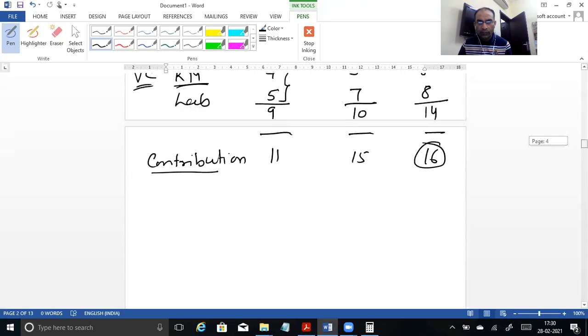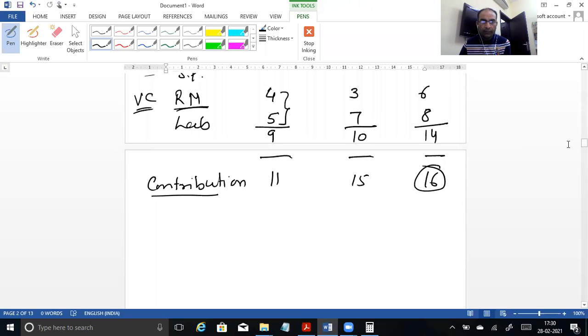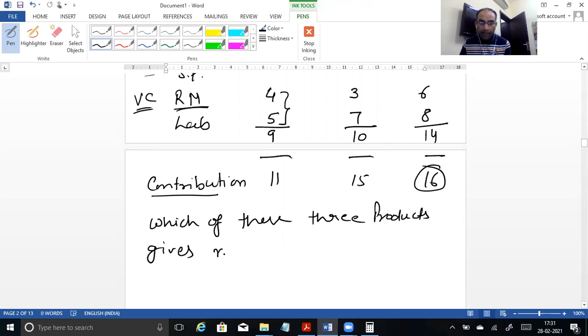But in this situation, because our raw material is in short supply, we have to see which of these 3 products gives maximum contribution per kg of material.